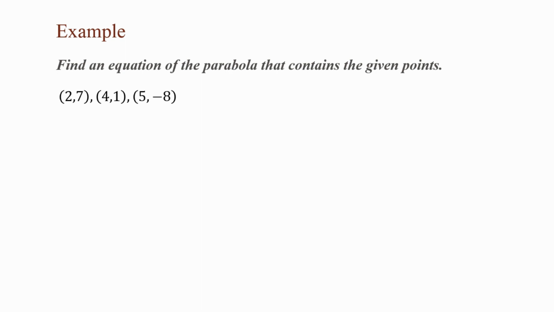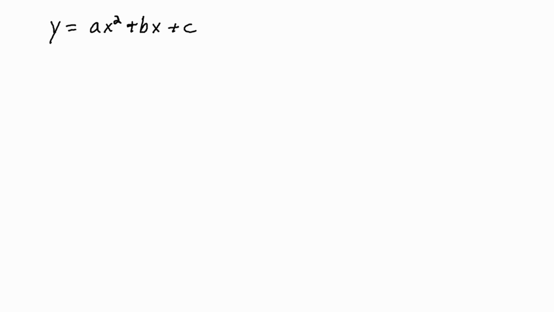In this example, find the equation of the parabola that contains the given points: (2, 7), (4, 1), (5, -8). We need to substitute our ordered pairs into our general equation y equals ax squared plus bx plus c. So our first step is to substitute our ordered pairs.